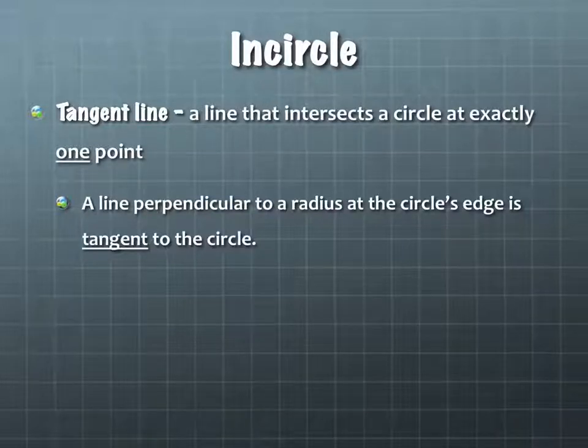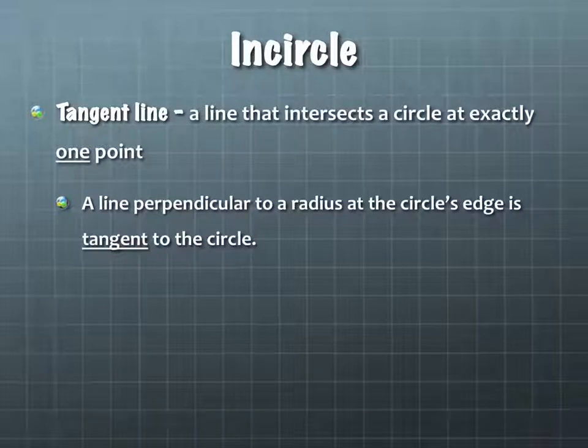A tangent line is a line that intersects a circle at exactly one point. We often think about tangent lines as sort of bouncing off of circles, right? They don't actually cut through. They touch them only, or they bounce off.